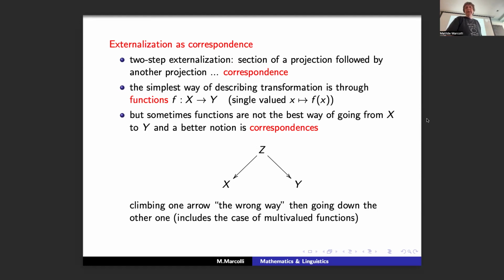In general, this is something quite natural, right? There's many settings in mathematics where the natural way of mapping objects is not as functions from X to Y, but as something that covers both X and Y, and you transfer things from X to Y by pulling them back here and pushing them forward. Yeah.